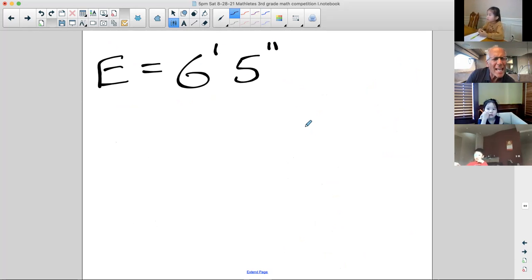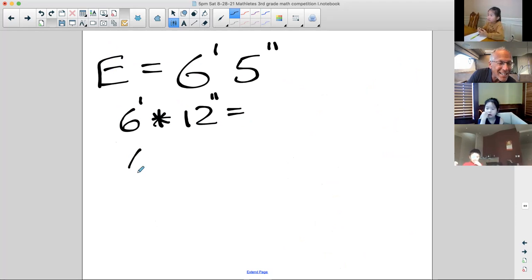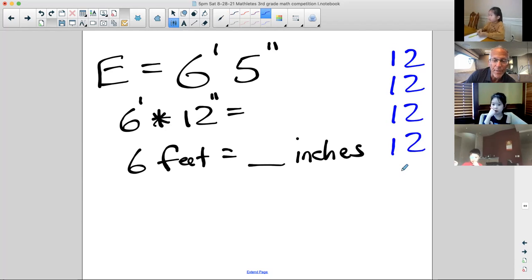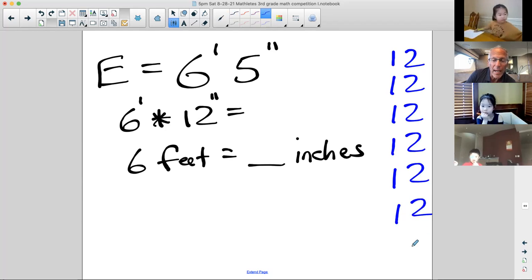Now, does anybody know what is 6 times 12? Because that would allow us to get the number of inches in 6 feet. So who thinks they know that multiplication, and of course, you can always write down 12 6 times, and that doesn't take very long at all.